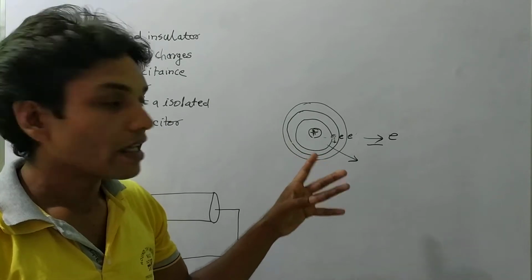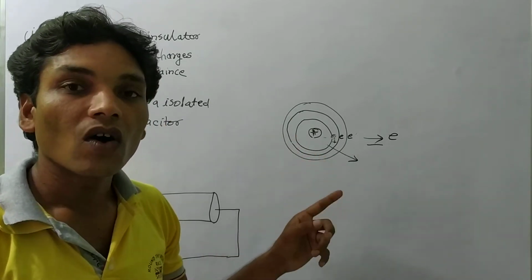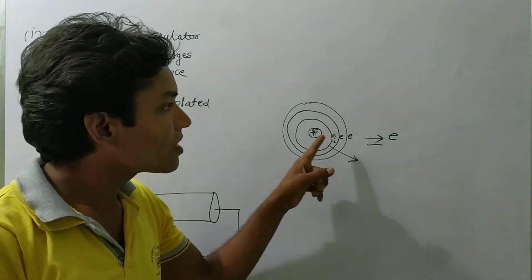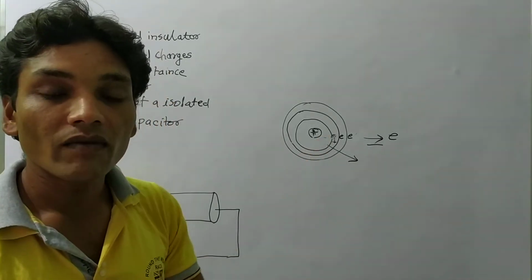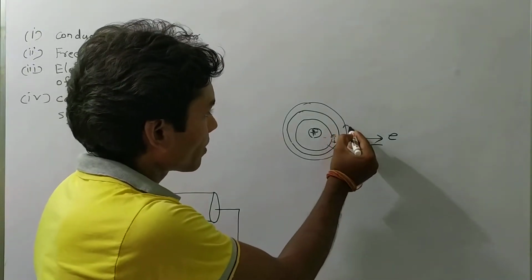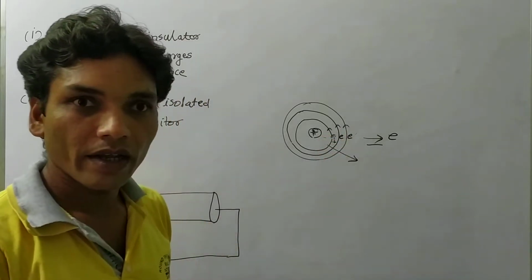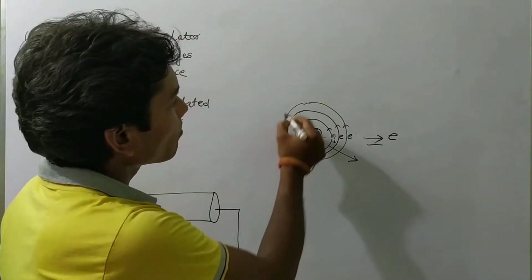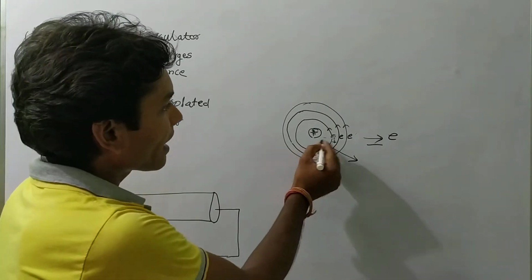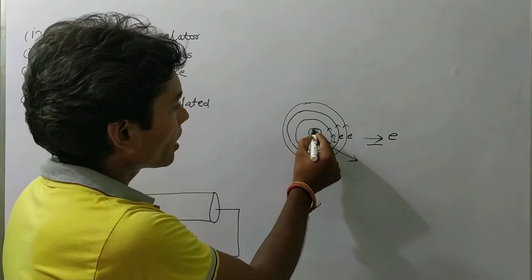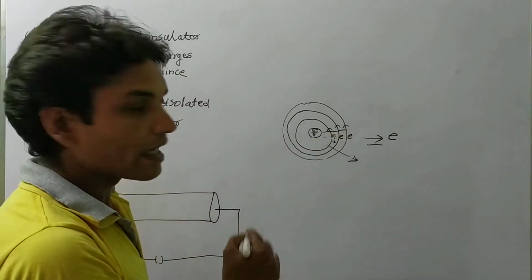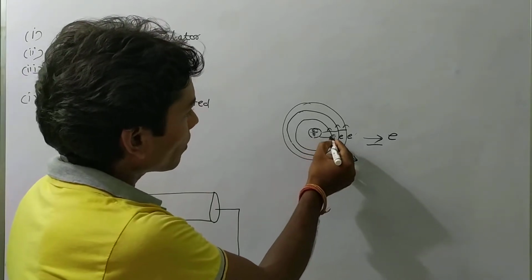These circles are called orbits of the atom, and in these orbits, electrons are revolving. This is the outermost orbit of this atom, and its distance from the nucleus is very large compared to that of the inner orbit.